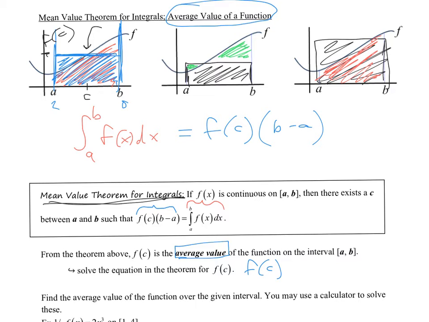So looking at what we have here, if I were to try to get f of c by itself, f of c would equal 1 over b minus a times the integral from a to b of f of x dx, because I would divide both sides by b minus a. This f of c is called the average value.